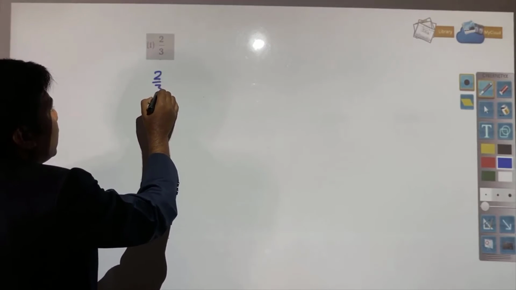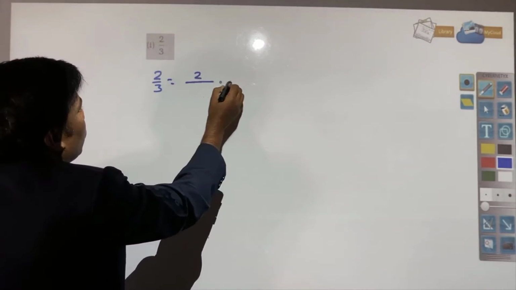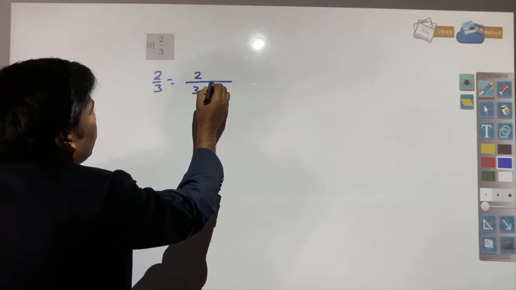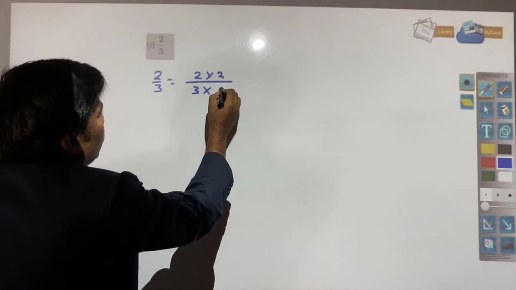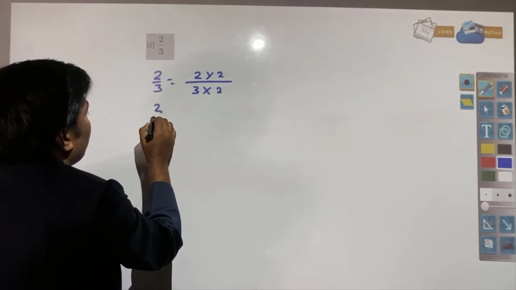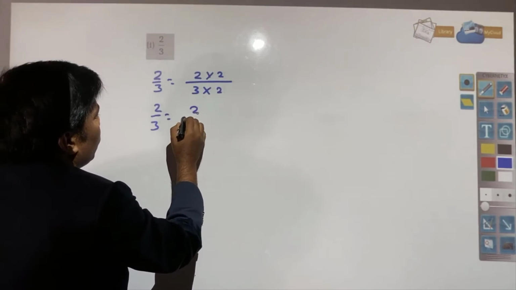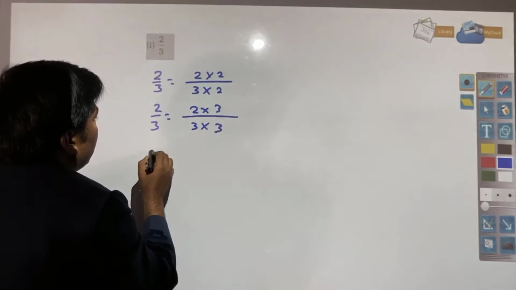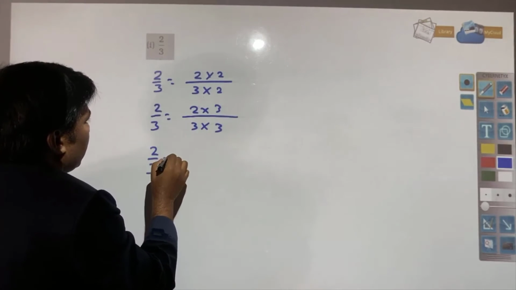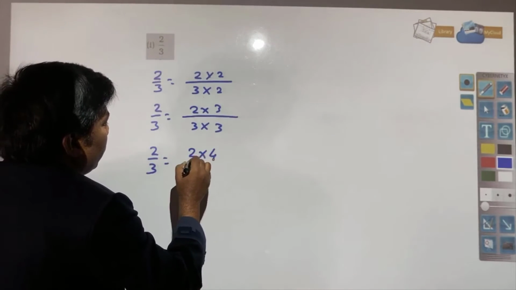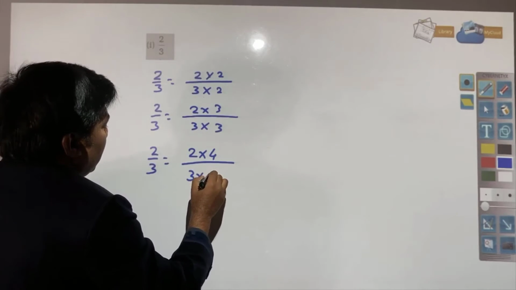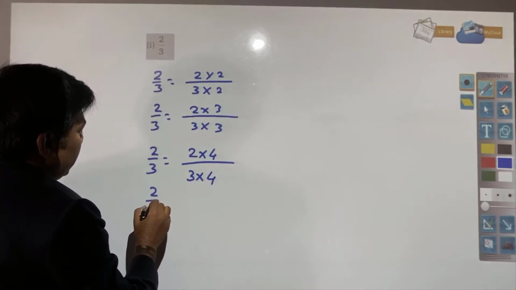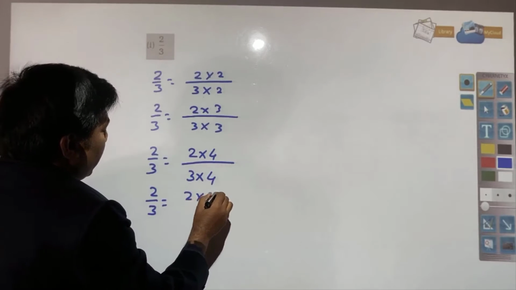2 by 3 is equal to 2 by 3 into, suppose you multiply with 2. Then 2 by 3 into 3 you multiply. Then 2 by 3 into 4 you multiply. Then 2 by 3 into 5 you multiply.